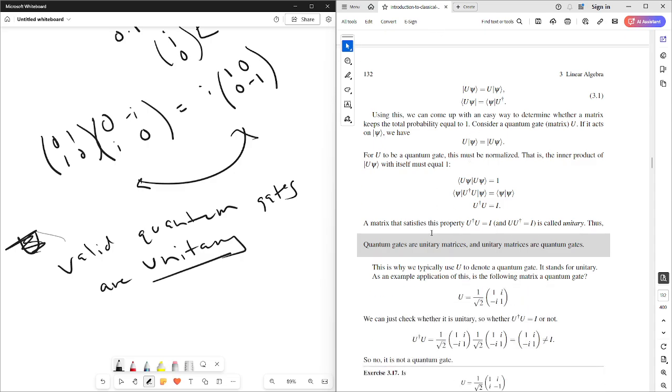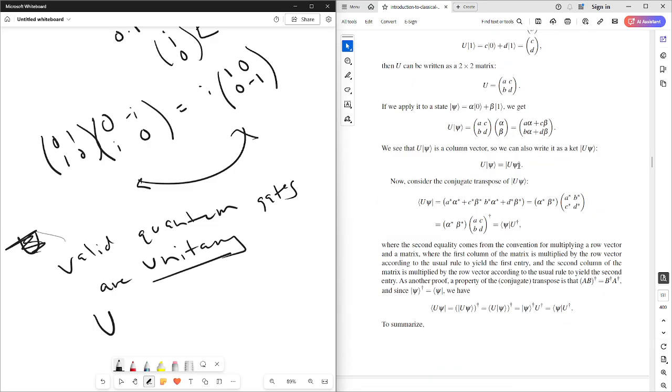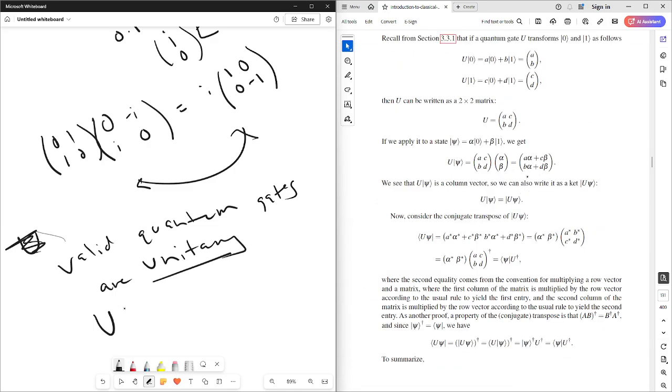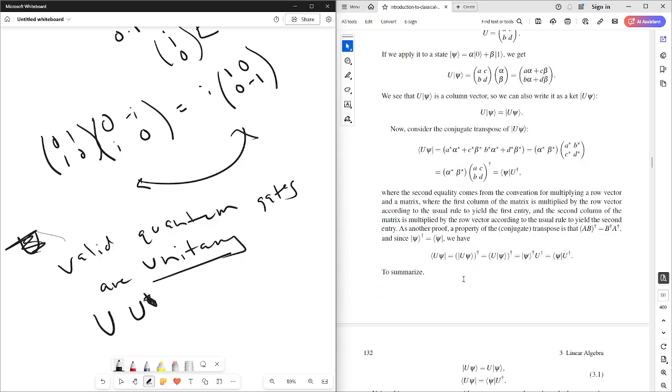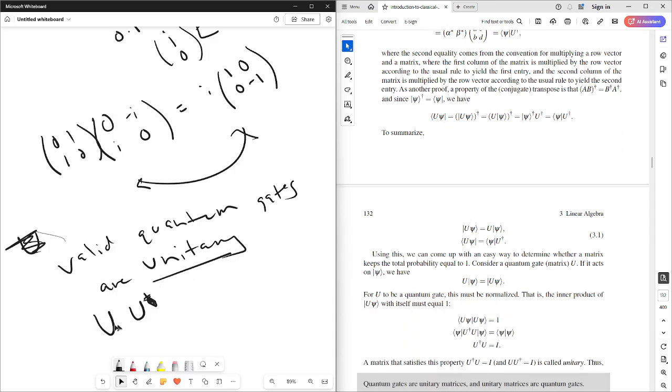That means that for some quantum gate U, when we take the conjugate transpose, U dagger, and I just draw this like a tie, or it looks like a hot pepper right now, if we take U and its conjugate transpose and we multiply them, they will equal an identity matrix.